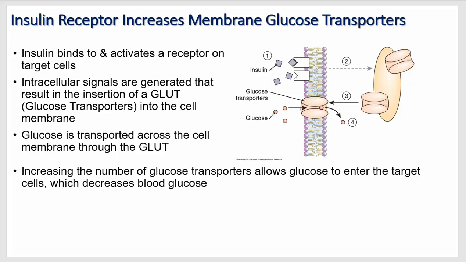One of the things it does is the insertion of a glucose transporter. These glucose transporters are sitting down here in these little, what we would call maybe synaptosomes, just sitting down there saying, if you need me, let me know.